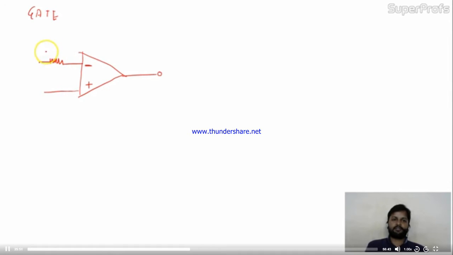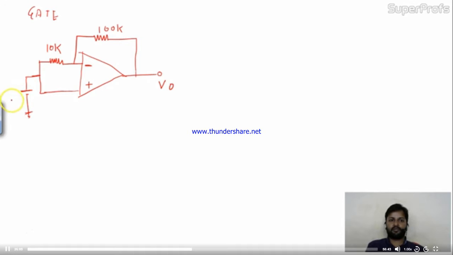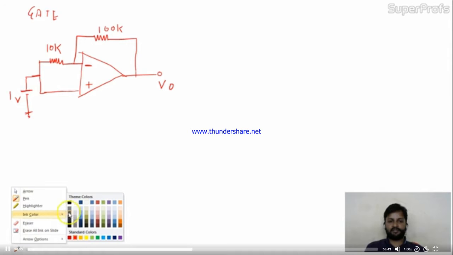So 10K is given over here, negative feedback they are using, and it is 100K connected with the output stage and V0 over here. And these two are connected with a 1 volt battery. This is the 1 volt battery. Is it okay friends?